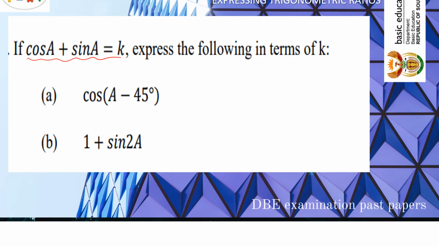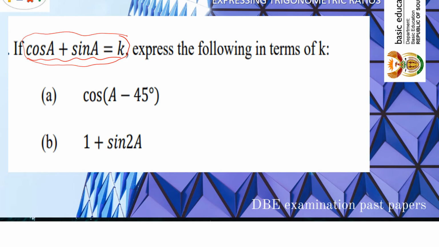So in the previous example, how did you do it? We used our given information in order to express the questions that we were given in terms of k. But now this is quite different because our given information does not remind us of any rule, right? There's no rule that you can apply here in order to simplify it.